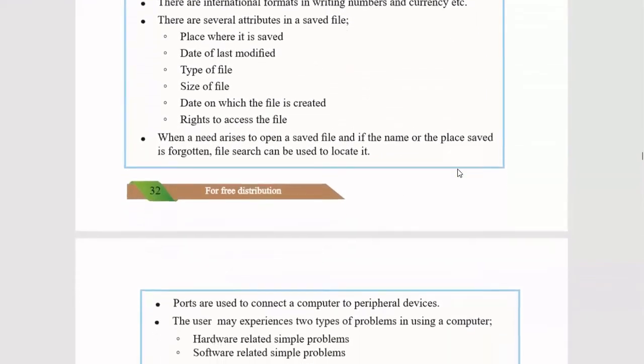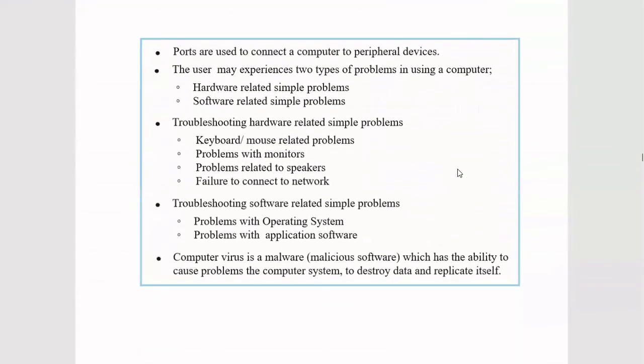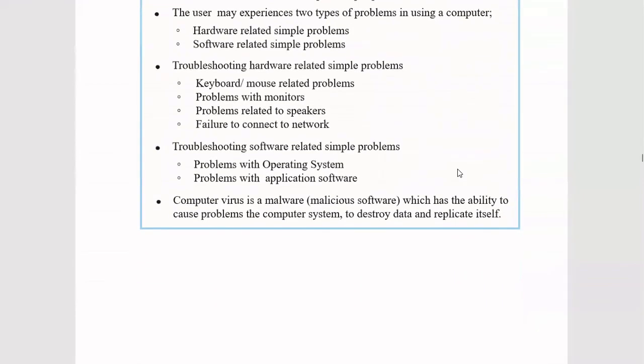Then we learned about different ports, and what the problems are and how to do the troubleshooting, right? Troubleshooting is finding solutions for these problems. There are different types of issues, maybe related to the keyboard, mouse, monitors, speakers, networks. If you have a printer also, similar kinds of problems can be there. And if you think about software, it can be problems related to the operating system or application software.